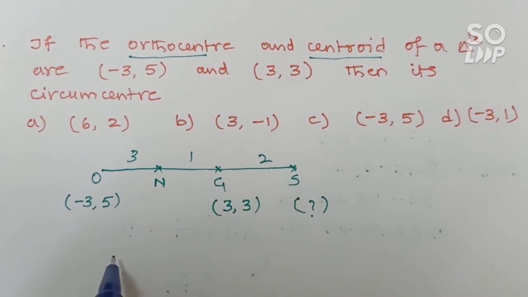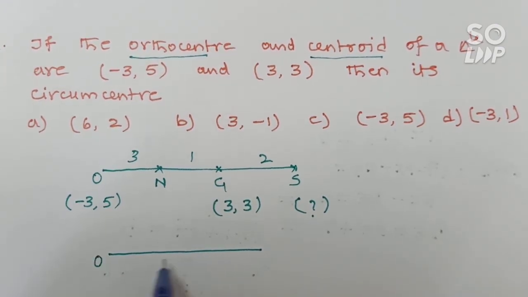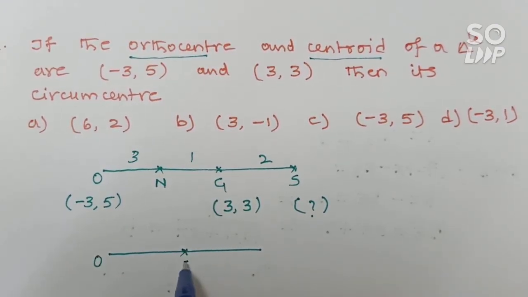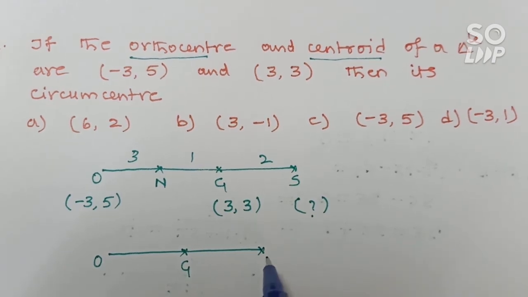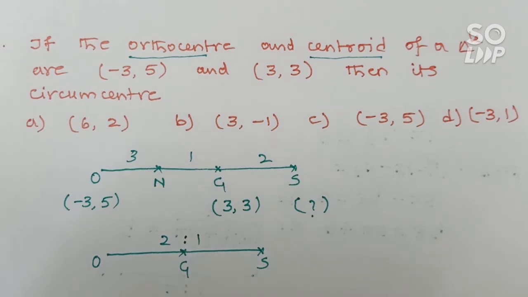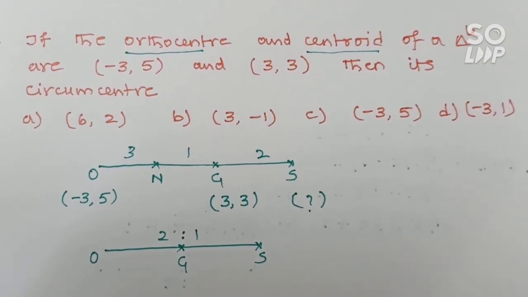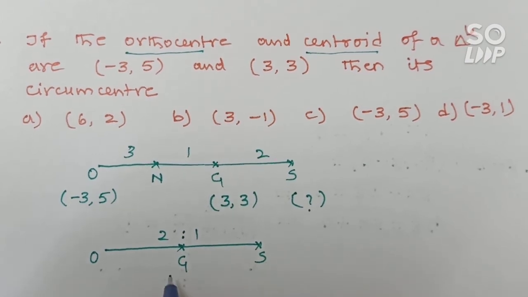Now draw that figure again: this one is the orthocenter, this one is the centroid, this one is the circumcenter, and this ratio is 2:1. The centroid divides the orthocenter and circumcenter in the ratio 2:1.